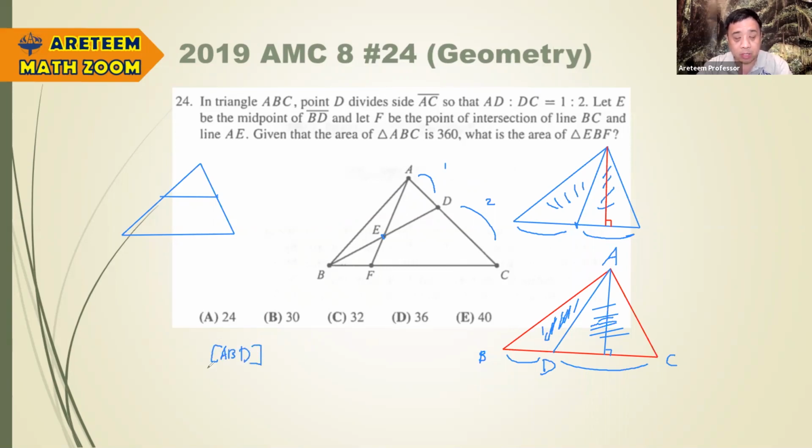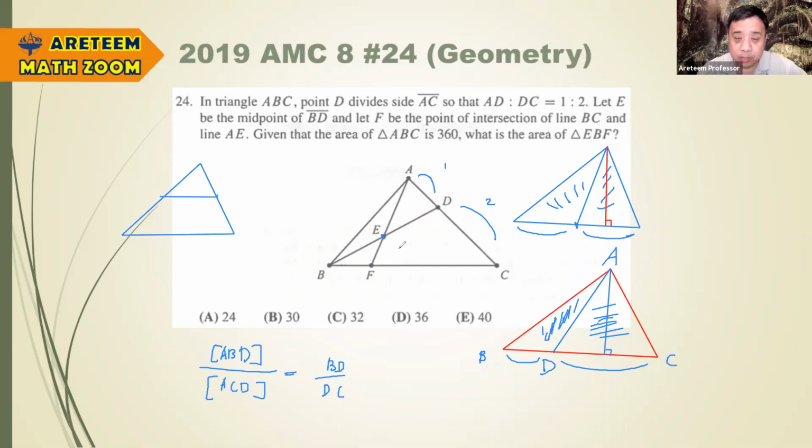I use these square brackets to represent area. So [ABD] to [ACD], the ratio between the two areas, is equal to BD to DC. That's basically saying the area ratio equals the base ratio.